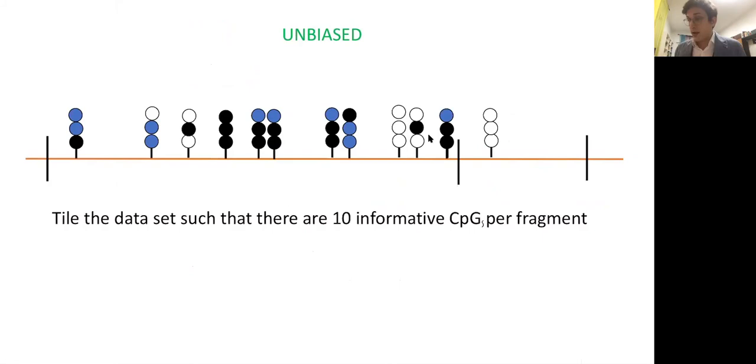What I mean by that is, as you can count here, we have this first CpG where we know everything. For every cell, we know what is the methylation status. Of the second one, we just don't know in the third cell, but it's informative because we know that the first cell is considered not methylated, the second cell not methylated, and in the third we don't know, but we consider it an informative CpG.